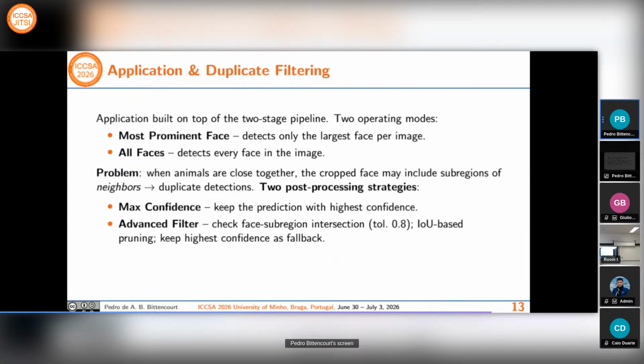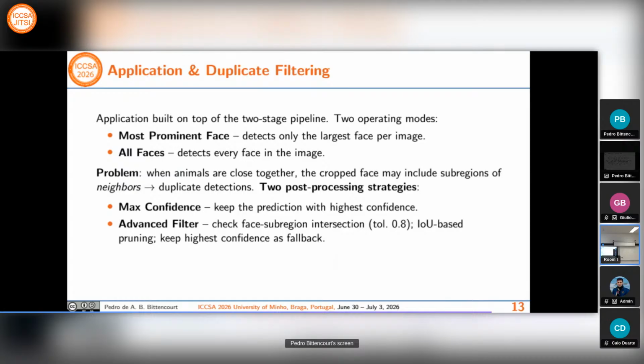The best result is the YOLO V9E model. Even when we train with these recent models, YOLO V9 maintains the best performance. Okay, thank you.